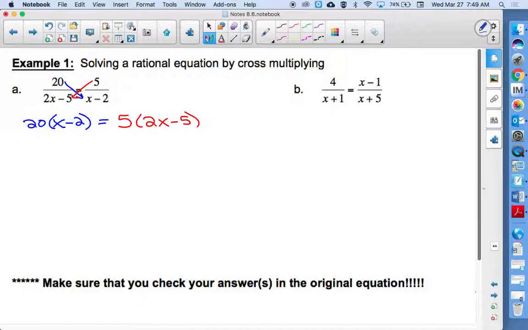So if we're solving this, we would distribute the 5 and the 20 through, try and get x by itself. So essentially, you're taking a fraction and making it in that linear, horizontal format. So Julia, what would you get if you take x's to one side, numbers to the other?